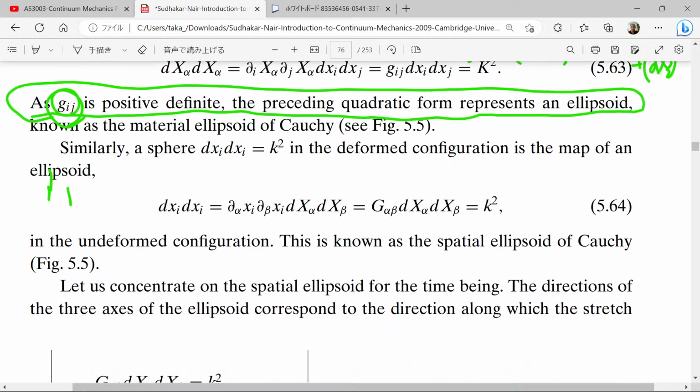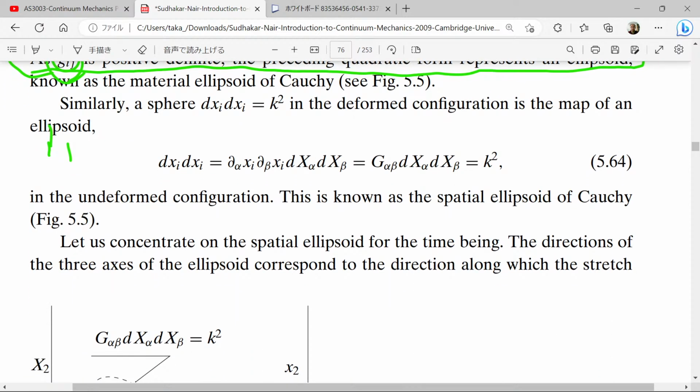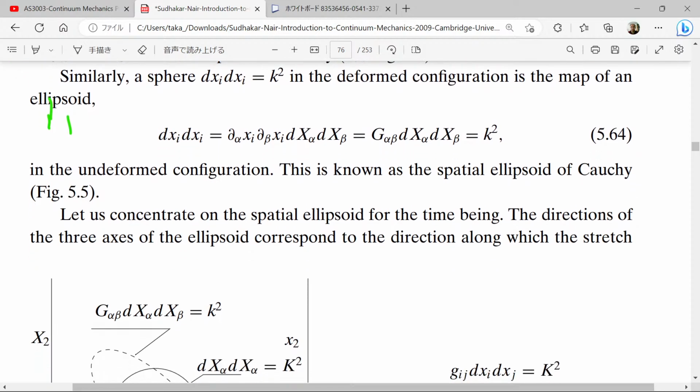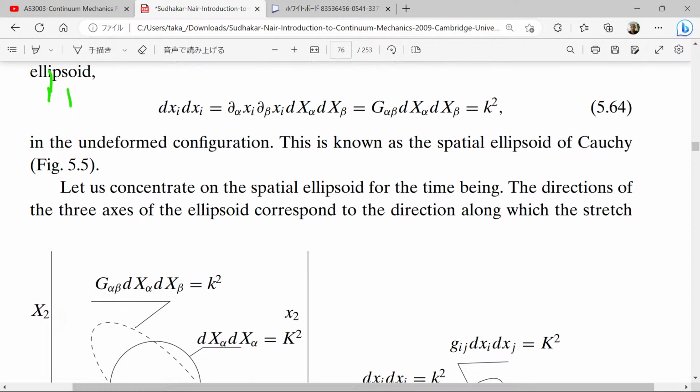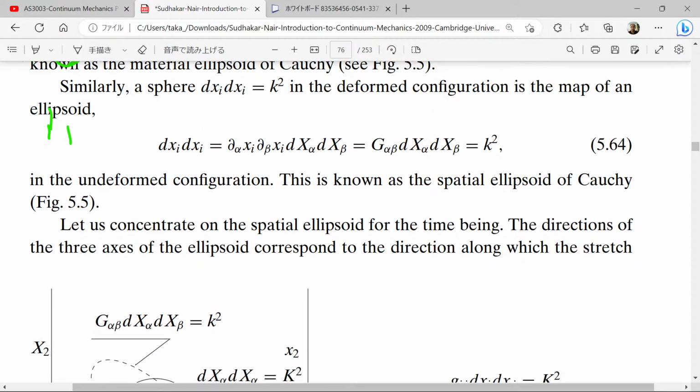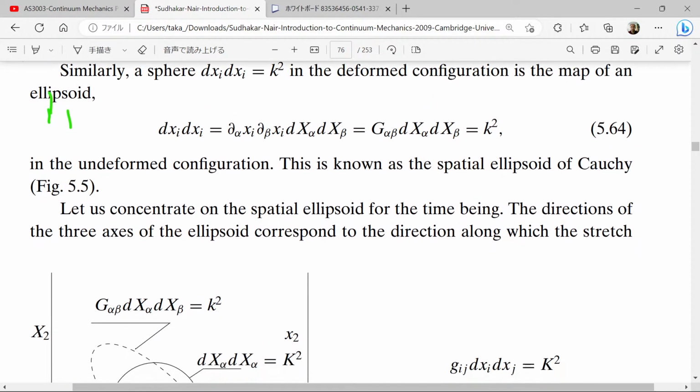And dX alpha dX beta equals G alpha beta dx alpha dx beta equals k squared in the undeformed configuration.